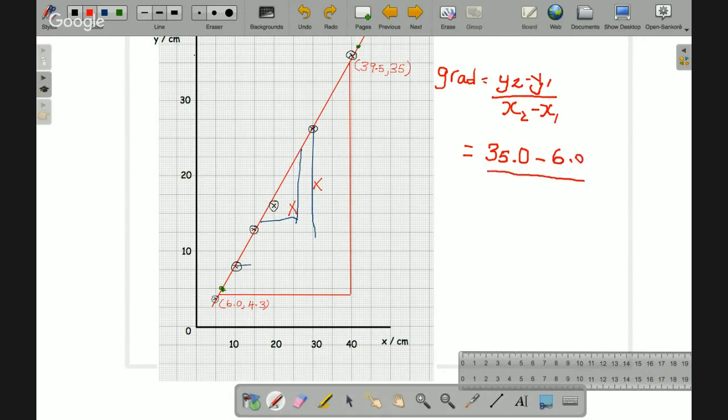I apologize, it becomes the writing. X2, did I do that correctly? Yes, 39.5 minus 6.0. No, I made a mistake. It's actually 35.0 minus 4.3.